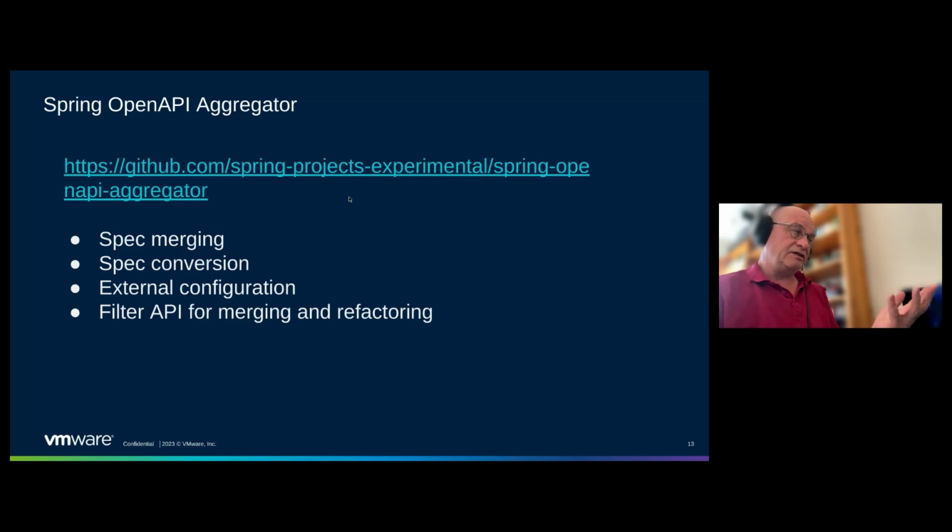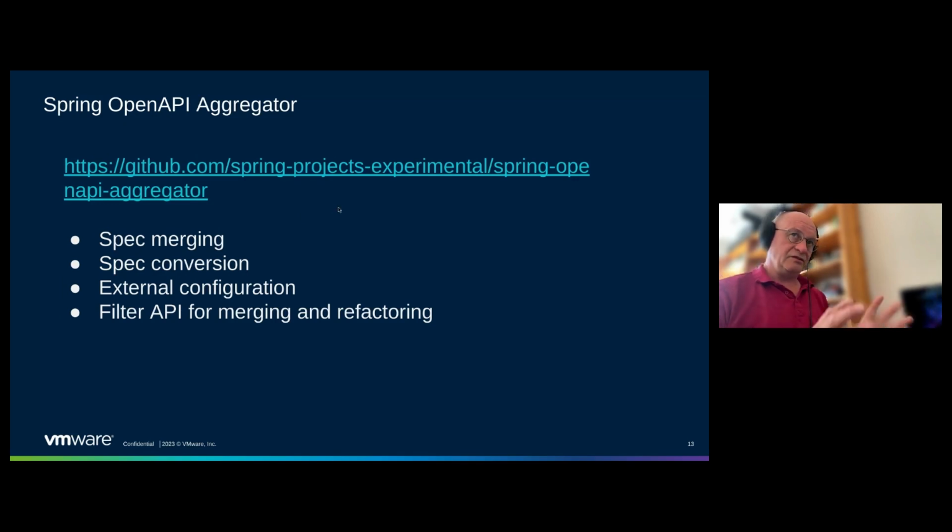It's deployed also to Artifactory. So the Spring snapshot repository has builds every time there's a source change. There's a CI build that puts a snapshot there. And it does a bunch of things, but actually it's pretty simple at the minute. So you can use it to do spec merging.